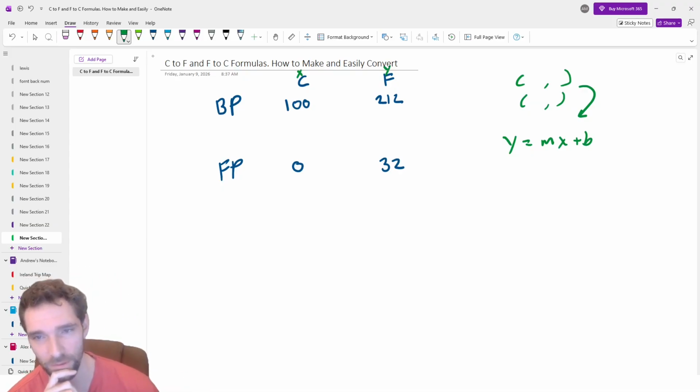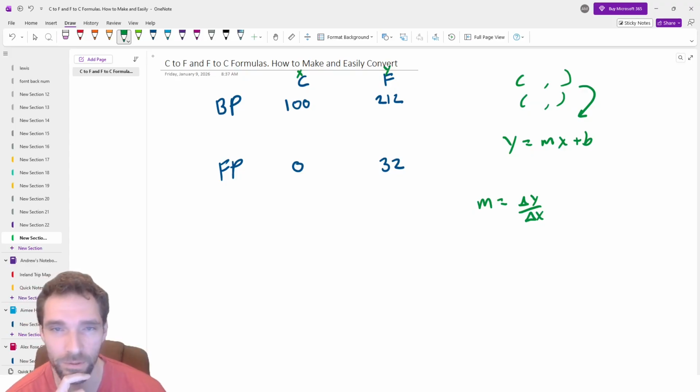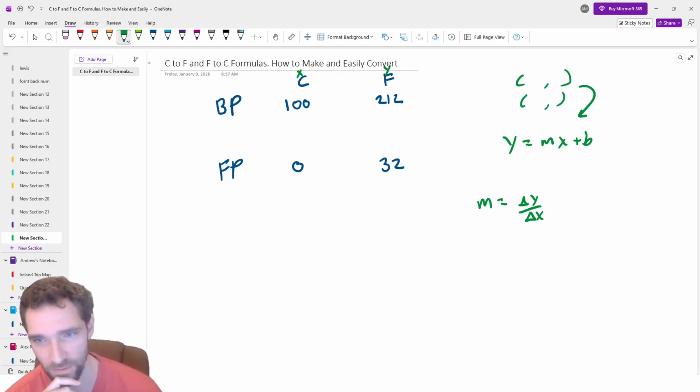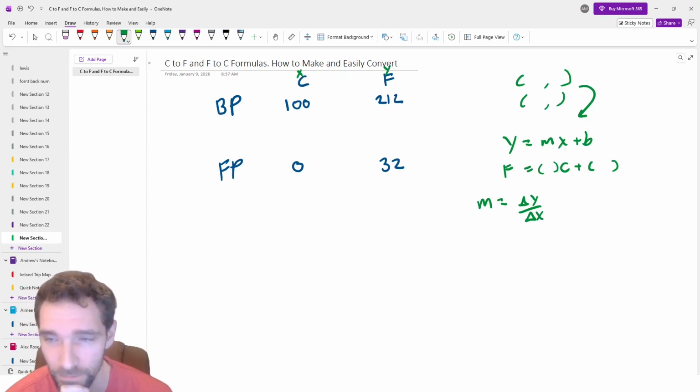The slope m is going to be the change in y over the change in x. And for the first version we're going from Celsius being the x to Fahrenheit being the y. It's a more common formula that you're going to see, where you've got F equals some ratio times C plus another number right here.